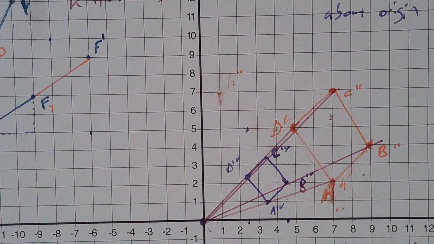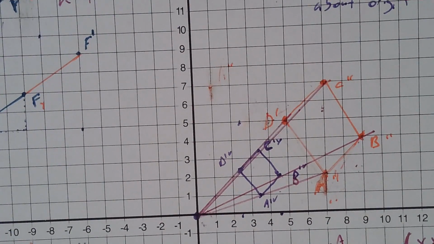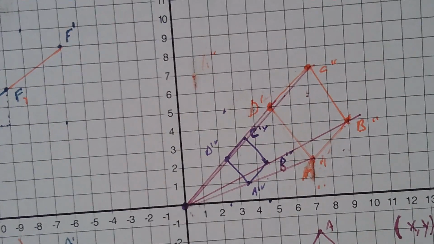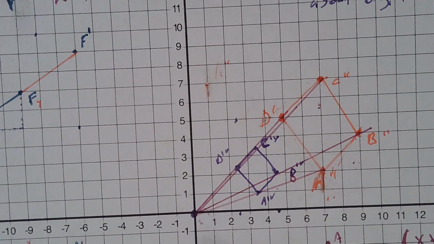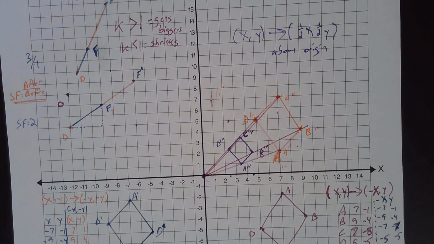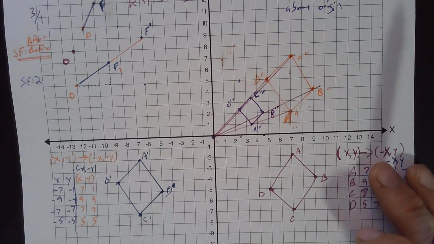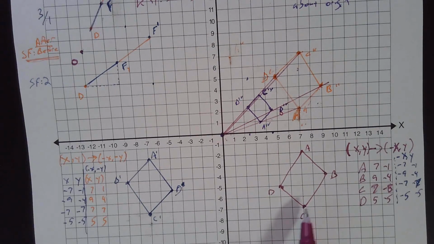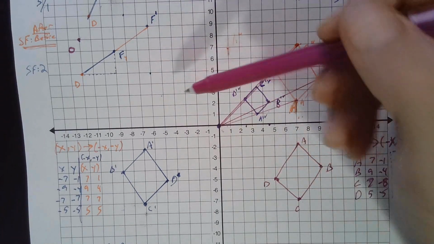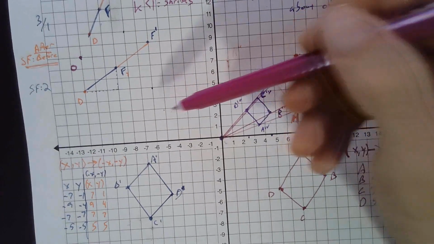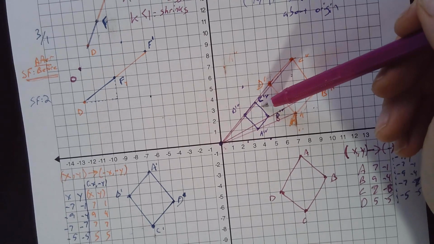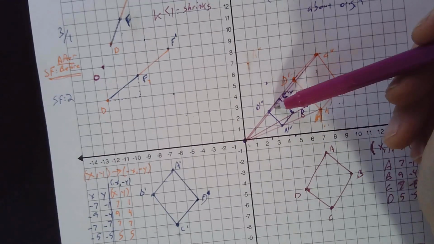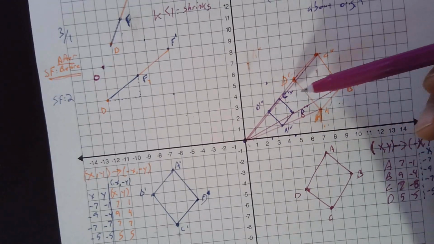So there you go. And then one more thing is the commutative property. So if I were to do this in a different order, would it end up in the same result? Say I started here, and then I did a 180 rotation, and then I reflected it across the y-axis, and then I dilated it.